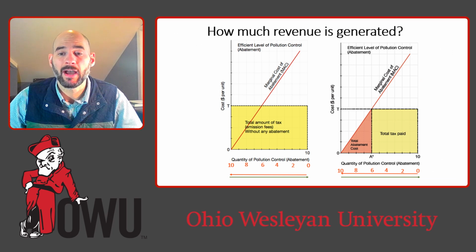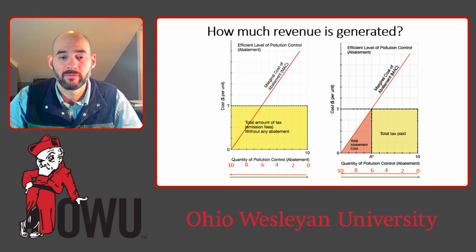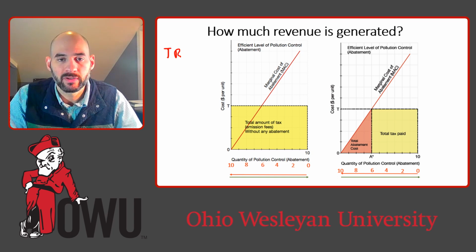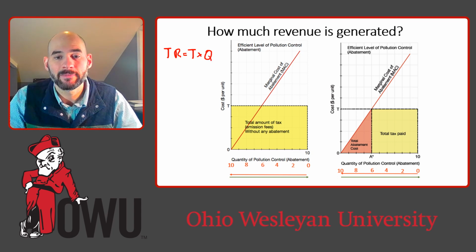So when we think about how much revenue is generated by the tax, we want to keep in mind that tax revenue is going to equal the per unit value of the tax multiplied by the taxable quantity.